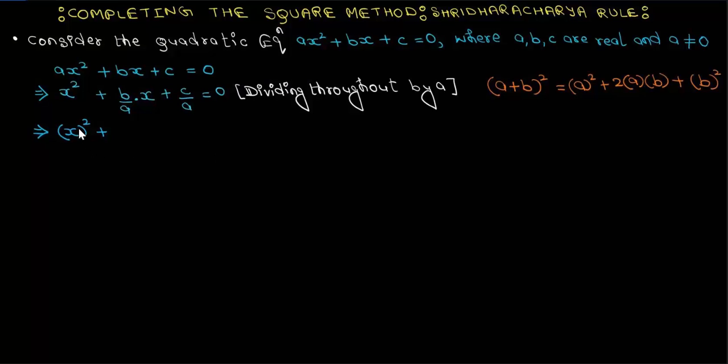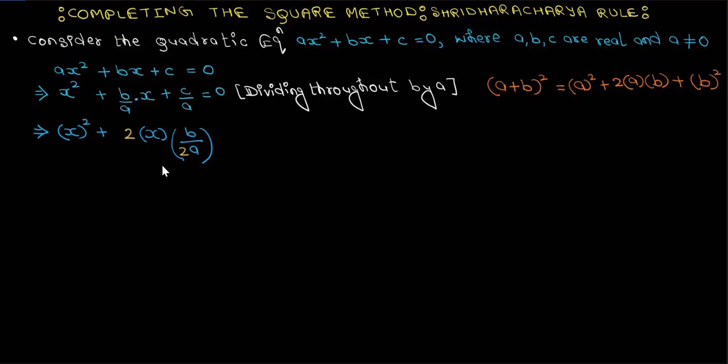Now this x, let's say this x is the first object, x square plus I need 2ab. So I know one object is x and another object is b by a, so that I will get b by a x, but I need 2ab.